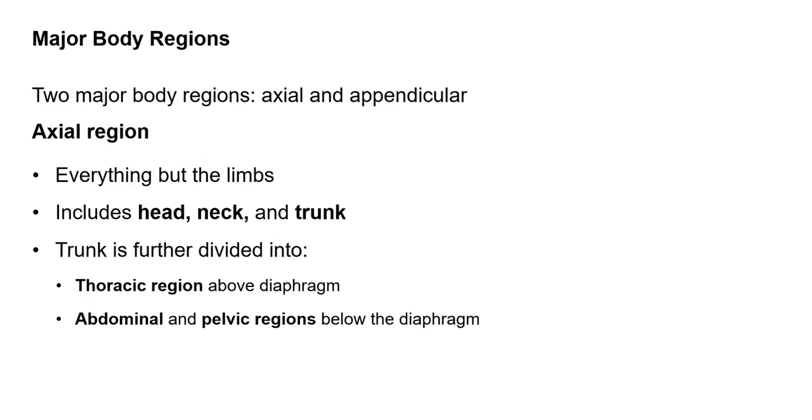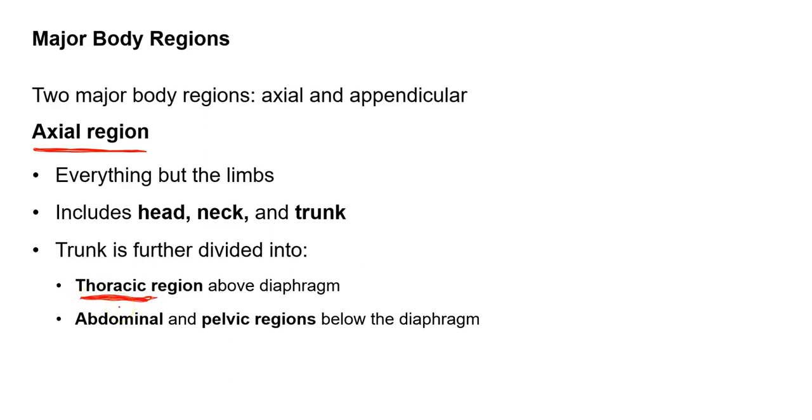So now let's switch to body regions. The term axial region describes everything but the limbs. So your axial region will be your head, neck, and trunk. The trunk, or the portion of the body that we think of kind of as the chest and stomach regions, those are known as the thoracic region.